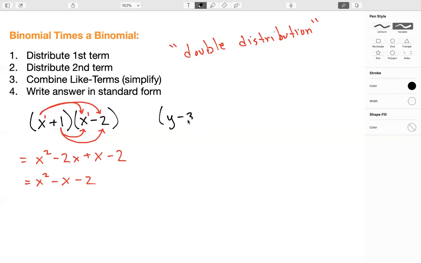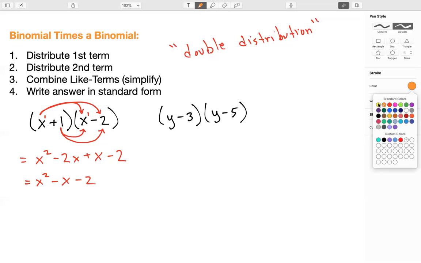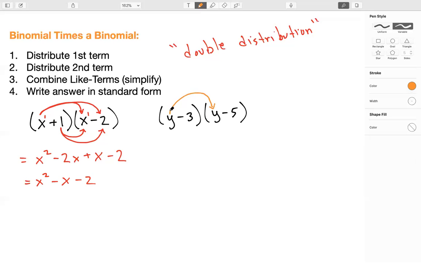Y minus 3 times y minus 5. Double distribution. You might ask me, do I have to draw the arrows? Yes, you have to draw the arrows. Y times y is y squared.